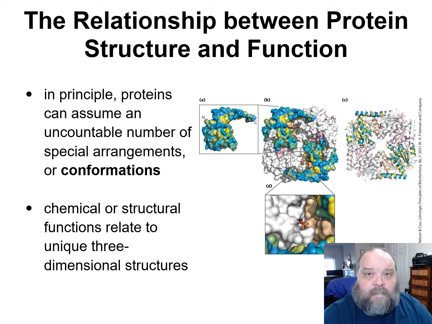And we're going to look at what is referred to as conformation. Conformation is just a nice scientific way of saying shape. Okay, to have a function, a protein must have the correct shape. Correct shape, correct function. Correct conformation has the correct level of functionality.